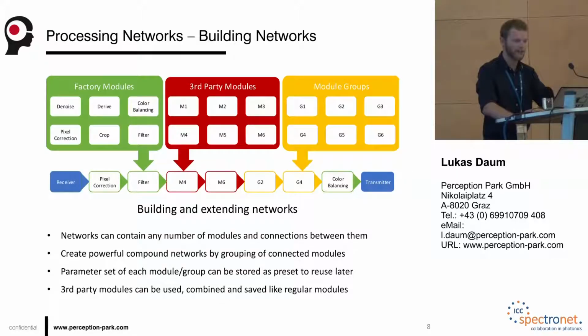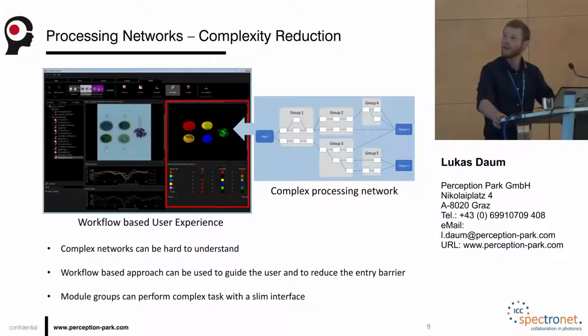And as you add more components or more modules to your networks, they get more complicated. And to reduce complexity, we chose to go for a workflow-driven user interface in our software. That means we divided the whole process of creating an application into steps. And in each step, the user only sees what he needs to do in this step.